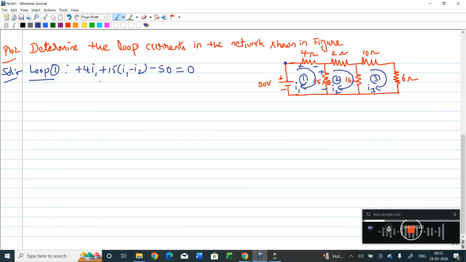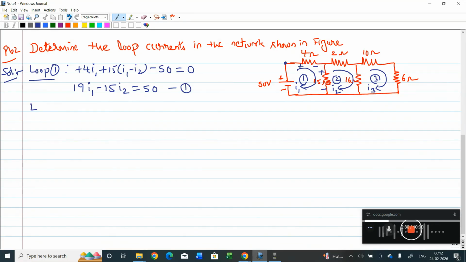Regrouping I1 terms and I2 terms, we get 4I1 plus 15I1 is 19I1, minus 15 I2, and moving minus 50 to the right hand side it becomes plus 50. So this is equation number 1 for loop 1.